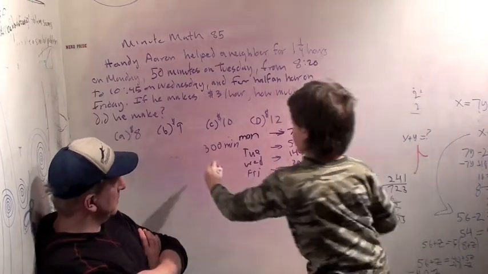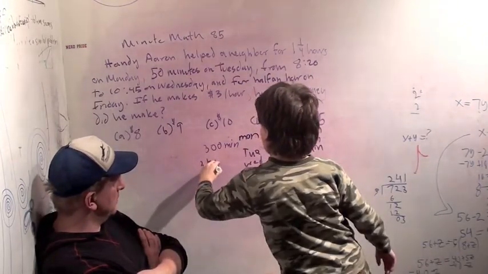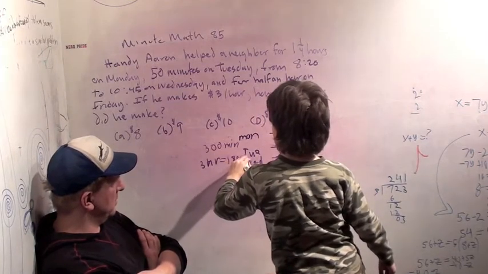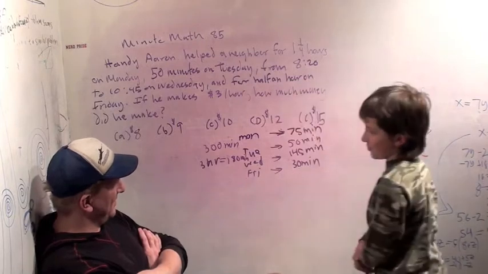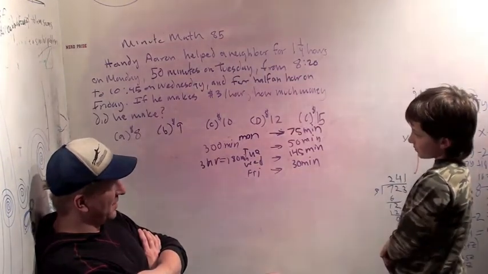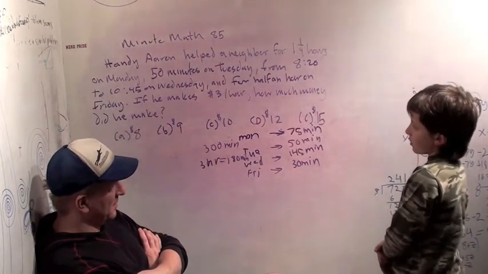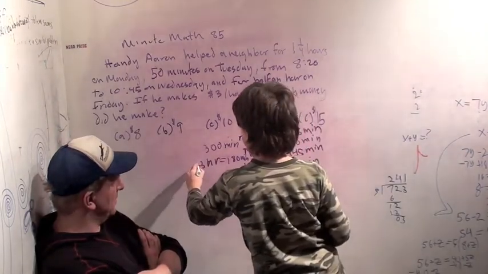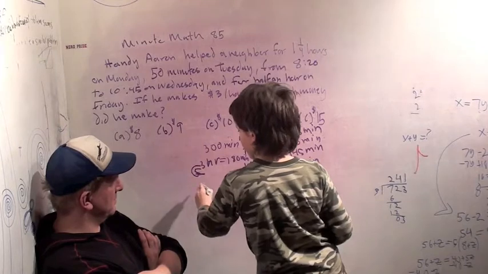So 3 hours equals 180 minutes. So 3 hours, this means he made $9.